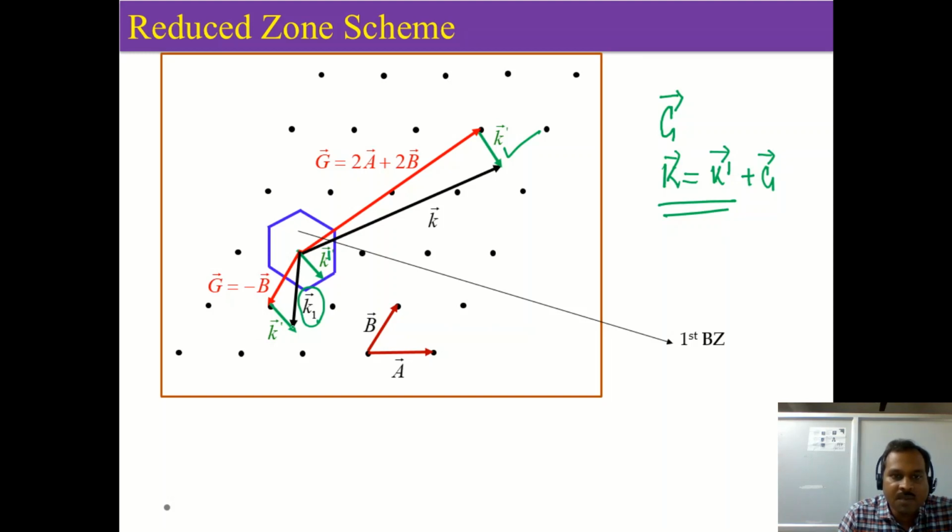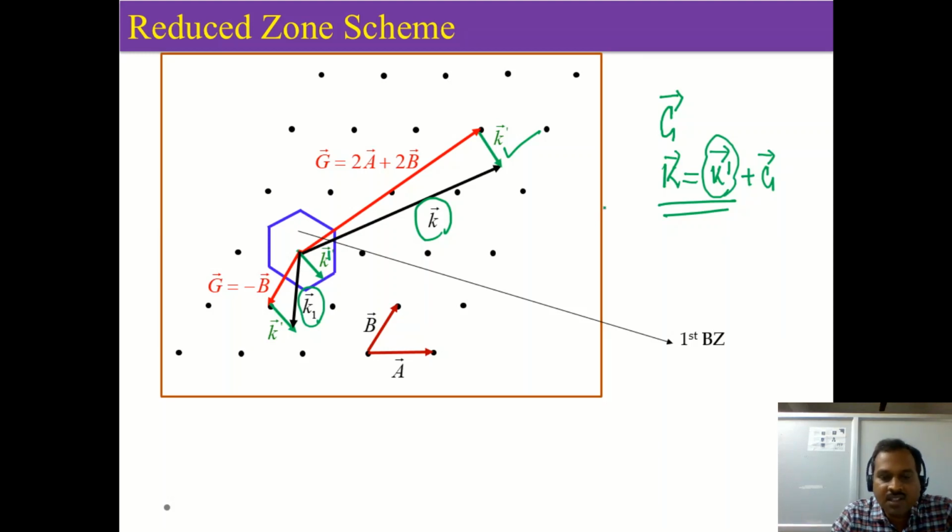Now this k prime vector can be brought back into the first Brillouin zone, because both k primes are the same, with the same magnitude and the same direction. So this k prime vector is not only associated with the k vector, it is also associated with this k1 vector. In this way there can be many k vectors for which we can relate the k prime vector defined in the first Brillouin zone.